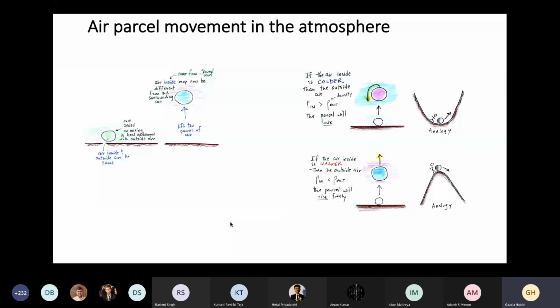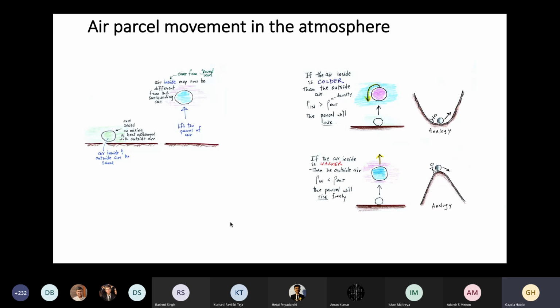Now we will start in the next class how the air parcel moves in the atmosphere, because this is the fundamental which is also used in models such as the Gaussian plume model, etc. We need to know how, once the air parcel is emitted from the source, it will move, and what the different factors are that will either allow it to move up or restrict it towards the ground surface.